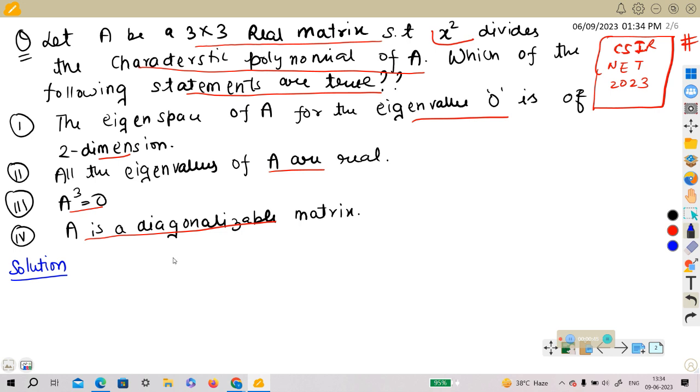Okay, first of all, look at that. X squared divides the characteristic polynomial of A. I should write it as CH, the characteristic polynomial of A. Okay, x squared divides.